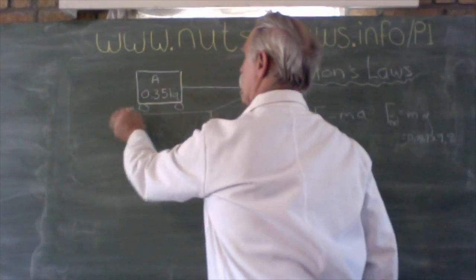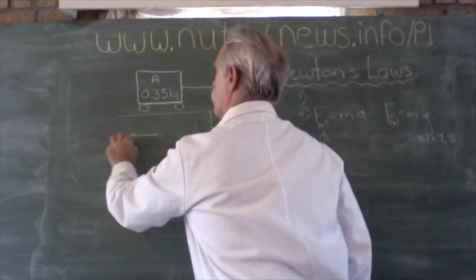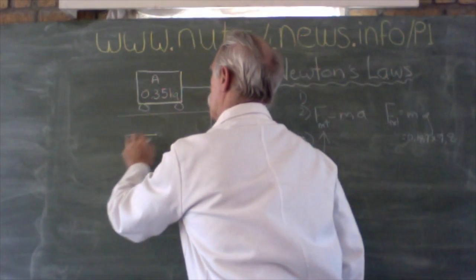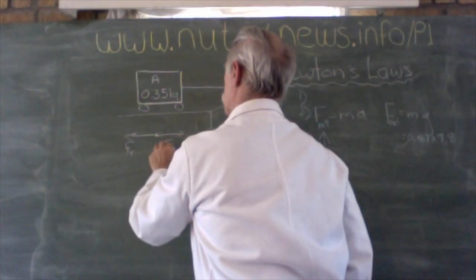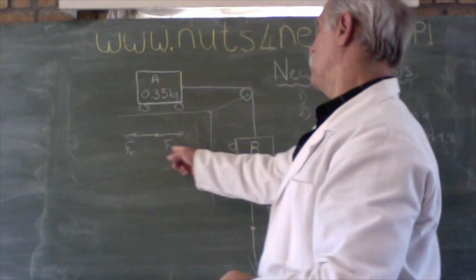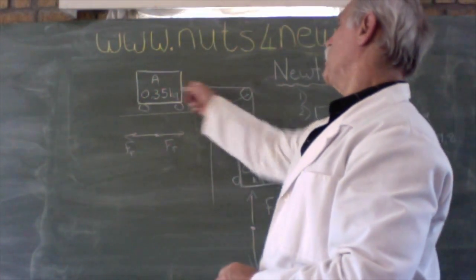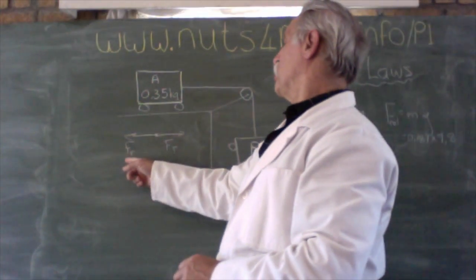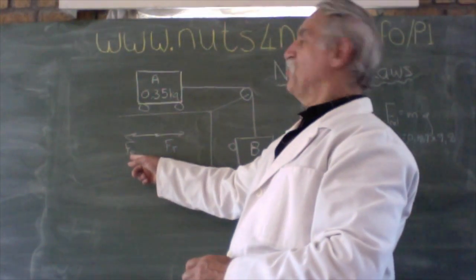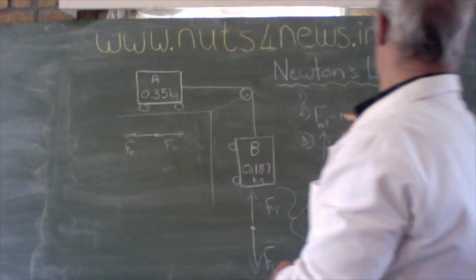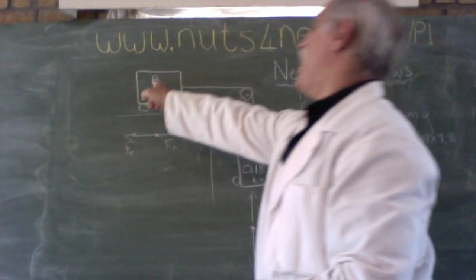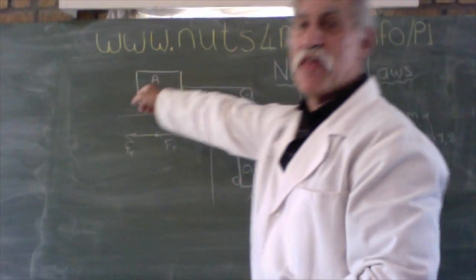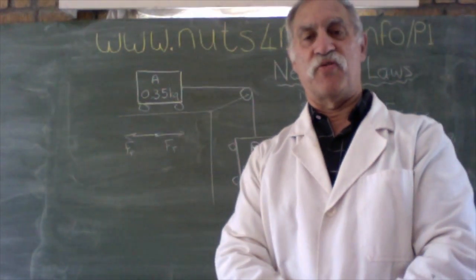We could have a free body diagram, force of friction and force of tension. That tension would be the same as that in that direction, and then we could calculate the frictional force using again this net force, add those two, equals that mass times that acceleration, which is 2.25.